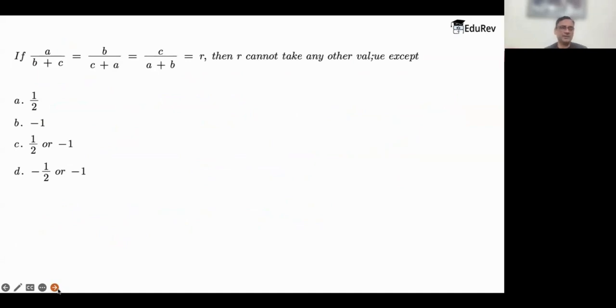If A upon B plus C is equal to B upon C plus A, which is equal to C upon A plus B, which is equal to R, then R cannot take any value except. Here, what method will you use?